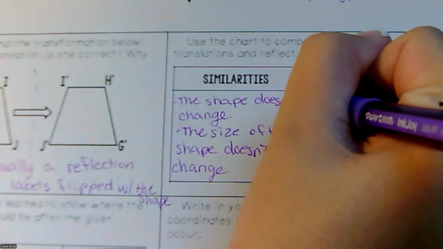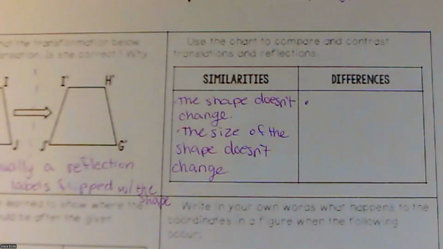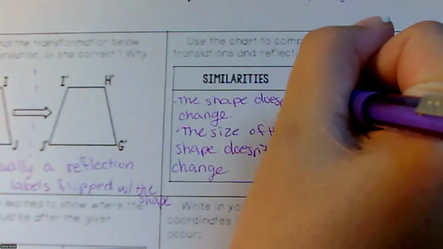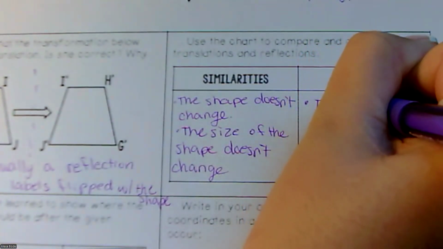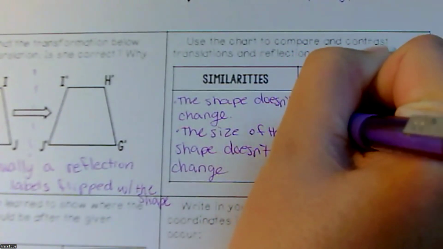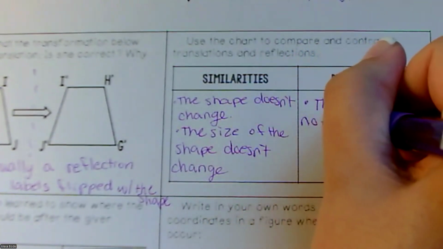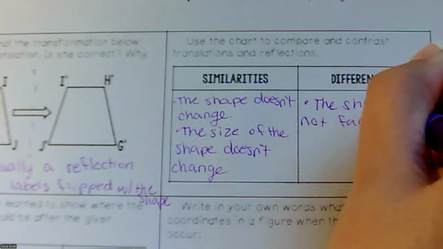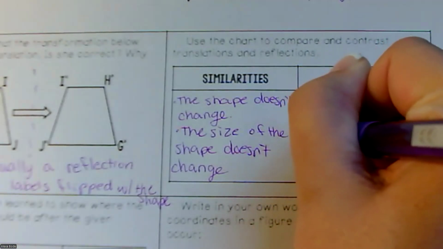Our big difference is that the shape might not necessarily be facing the same way. The shape is not facing the same way.